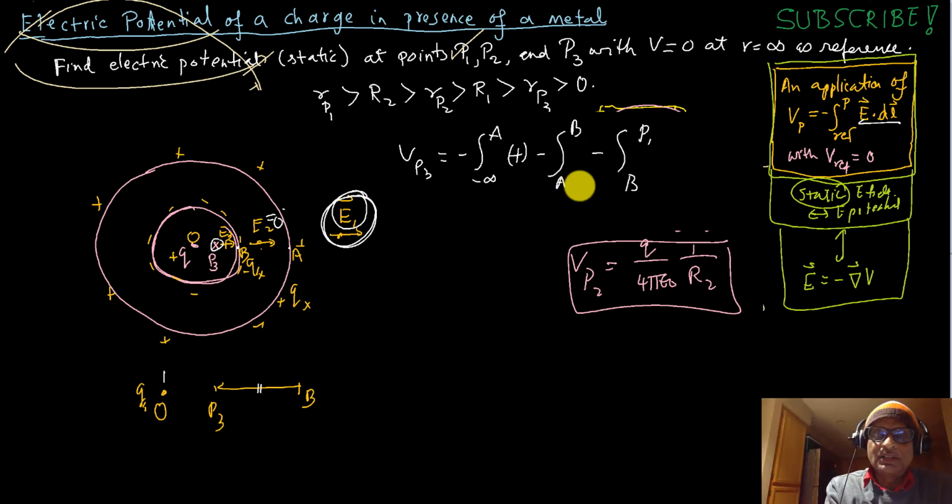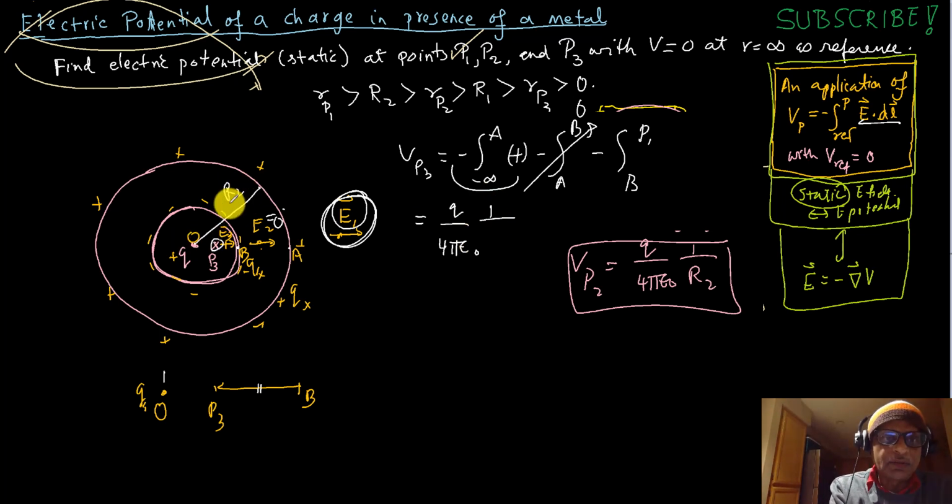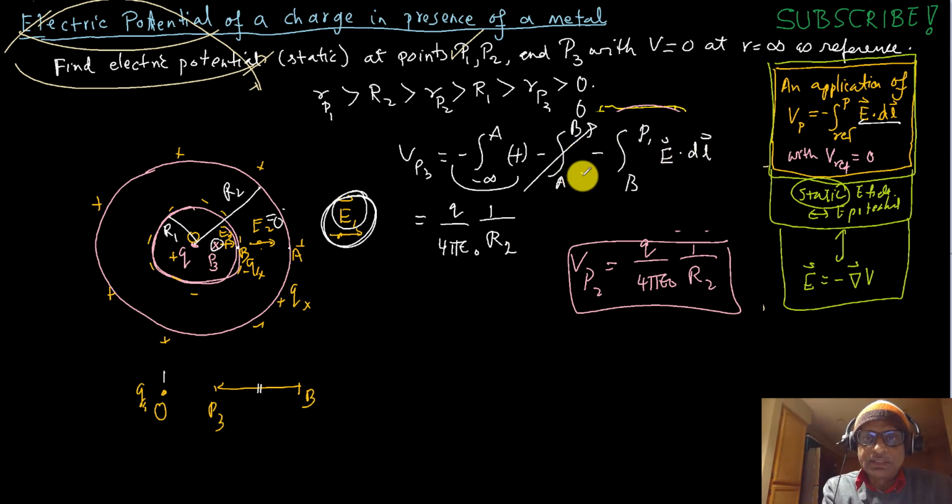Now we already made sure that this is going to be 0, and this whole thing was simply Q over 4 pi epsilon naught. This distance is R2, this distance is R1. B is at R1, but this thing is 0.